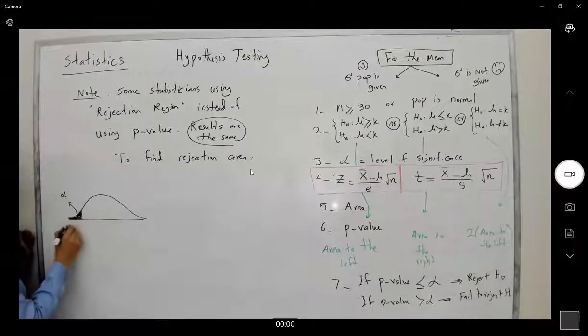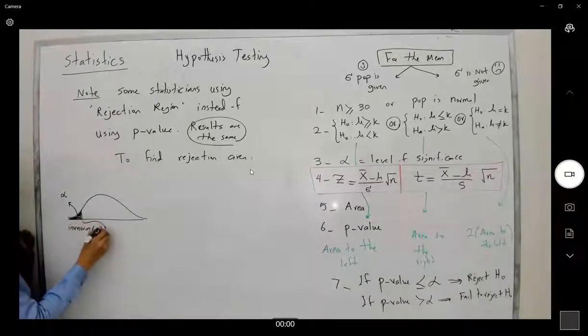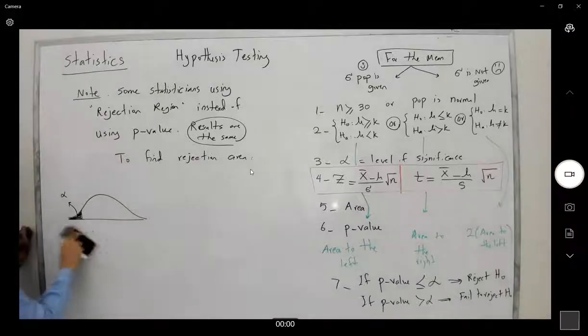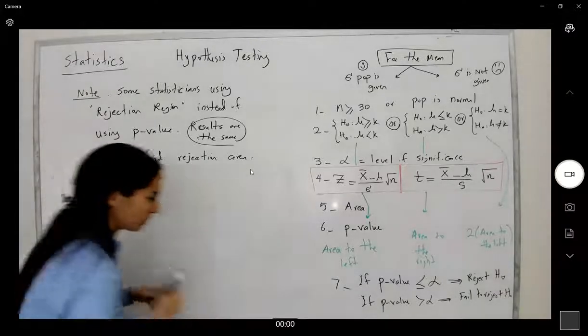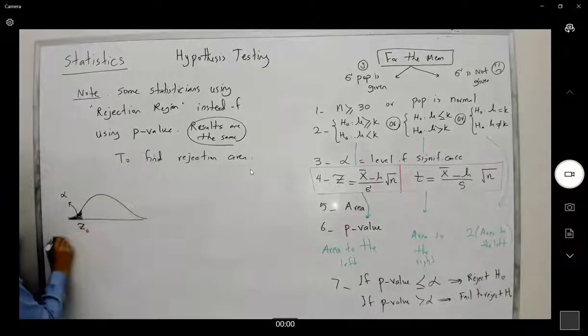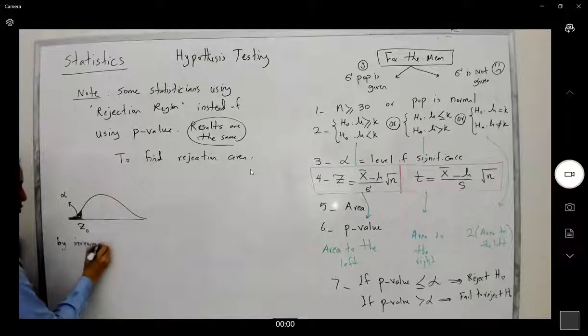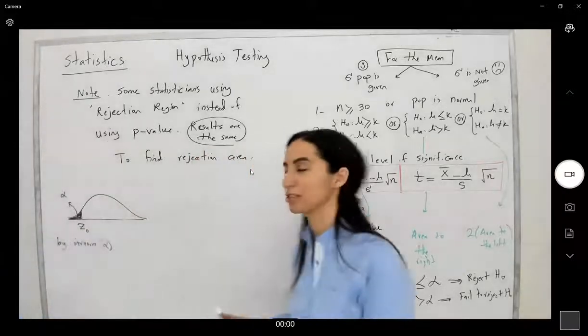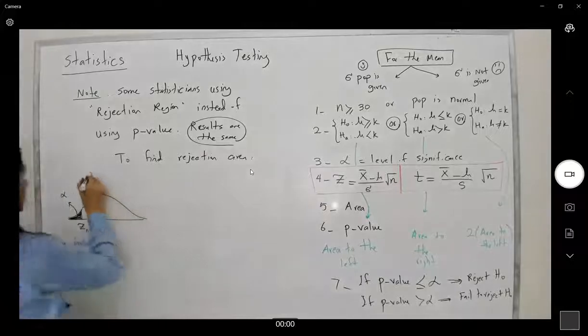You use inverse norm for alpha to find this z value, z sub 0. We call this critical value. So let me write it here for you. By inverse norm alpha. If you have a right-tailed graph, so this is left-tailed.